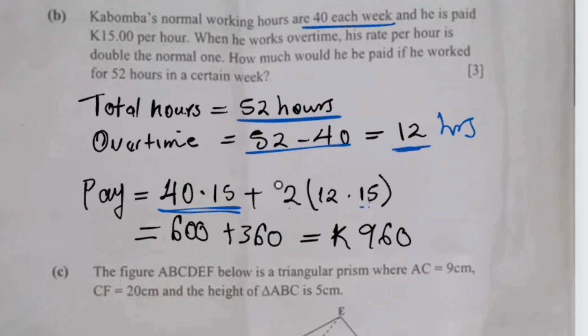Now twice is doubling the normal rate. So because we said the overtime, we double the pay. So we have 2 multiplied by 12 multiplied by 15, right? That is the double rate. Okay, so this 40 by 15 is 600. Then this product is 360, and everything goes to 960.